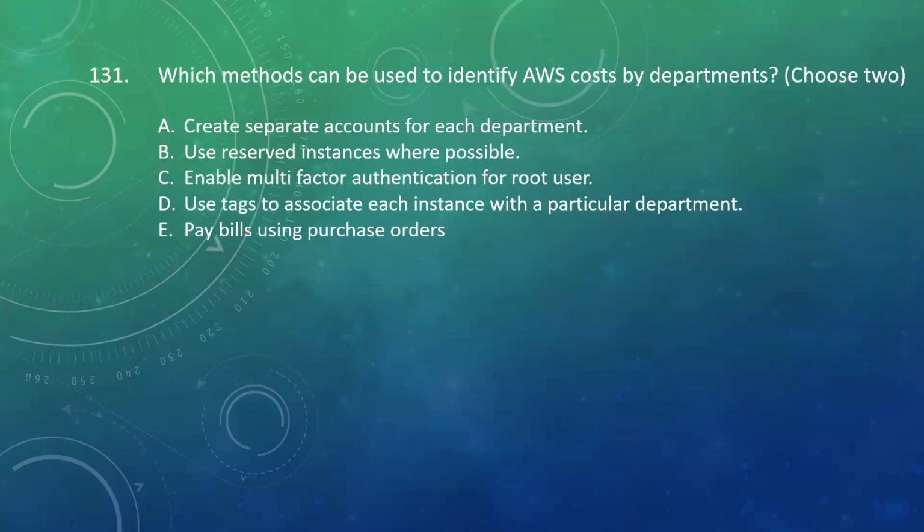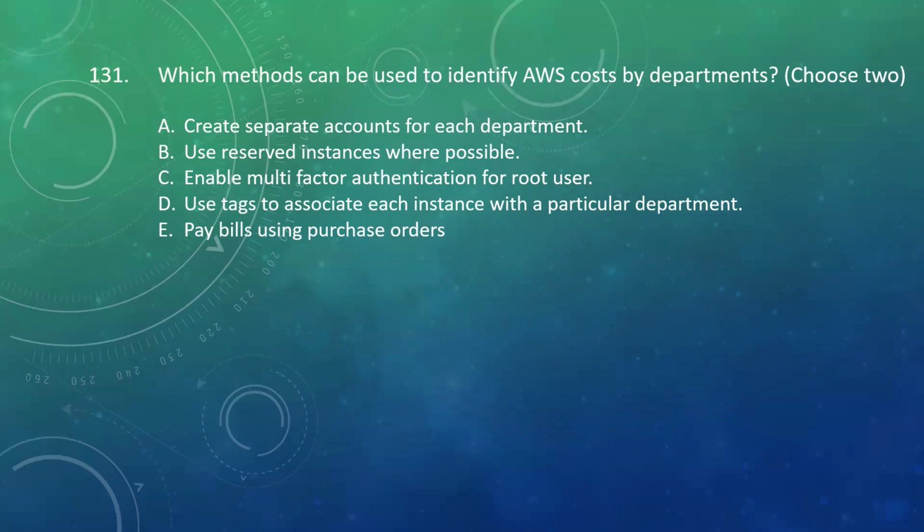Question number 131. Which methods can be used to identify AWS costs by departments? You need to choose two options. Your options are create separate accounts for each department, use reserved instances where possible, enable multi-factor authentication for the root user, use tags to associate each instance with a particular department, pay bills using purchase orders.